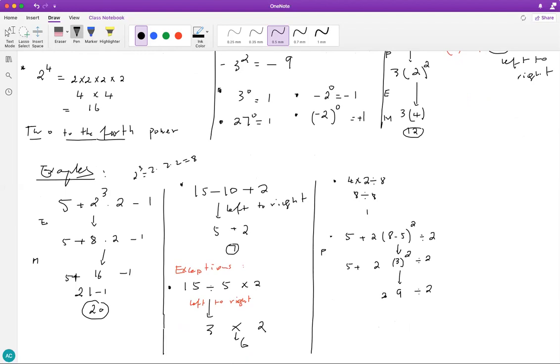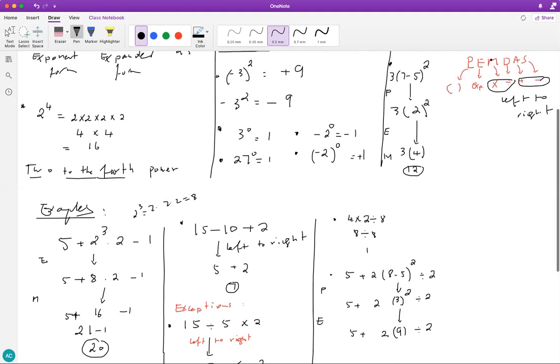Make sure you keep the multiplication here with the 2, not just positive 9, you have to keep it the same. Bring the 5. What comes after the exponent? The multiplication, right?